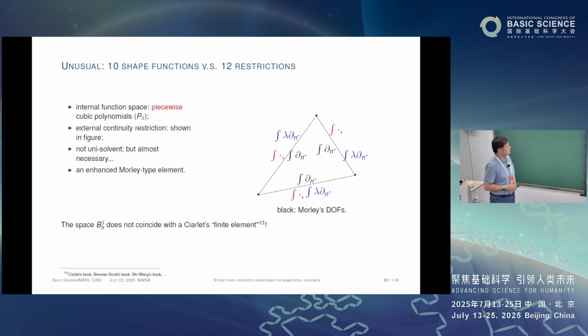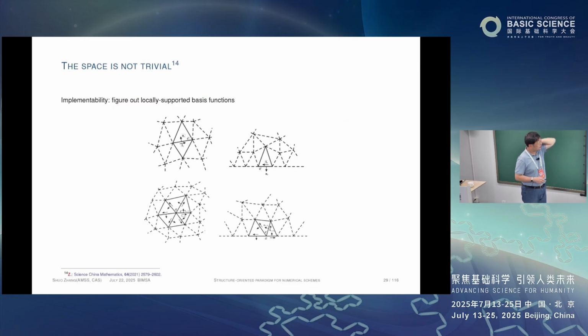The point is that it's not a CLS finite element. I do not have much time to explain the CLS finite element, and it's not. But the space has very locally supported basis functions. Every basis function is supported on two neighboring cells or on cells around a vertex. Every basis function falls into these two categories.